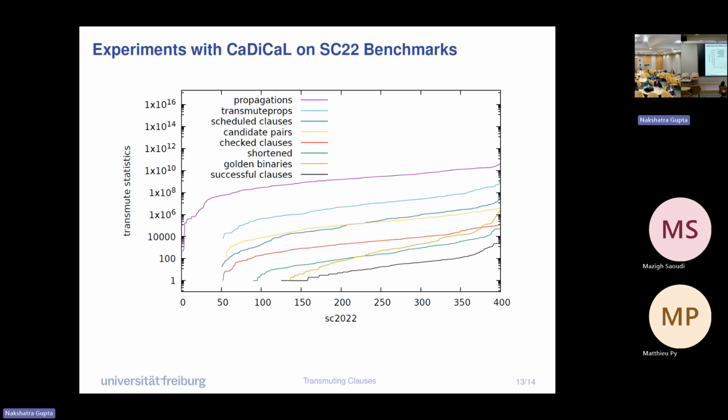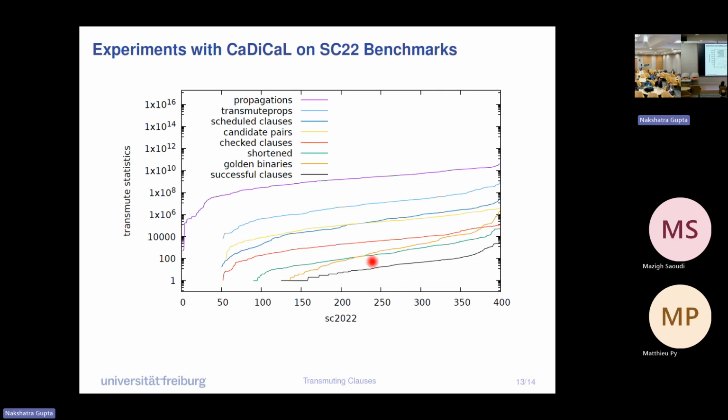And you can also see we're scheduling a lot, or I don't know if it's a lot, but we're scheduling clauses for transmutation, the dark blue line. But the number of clauses that were successful is way smaller. It's actually the lowest.